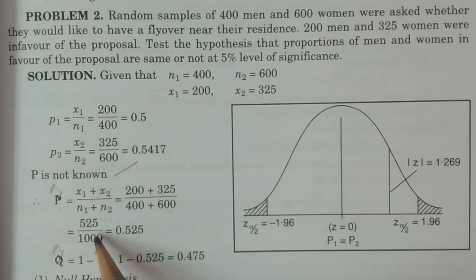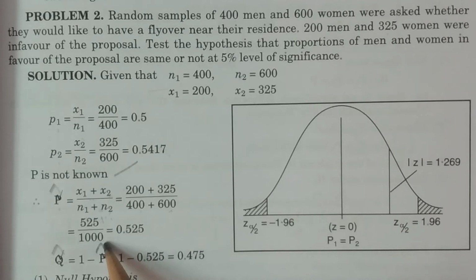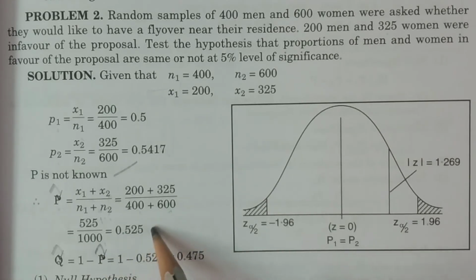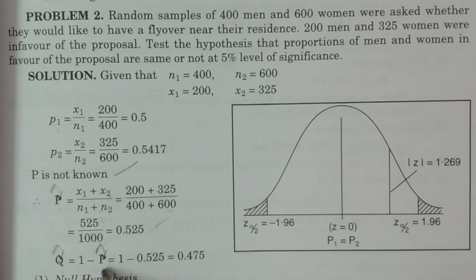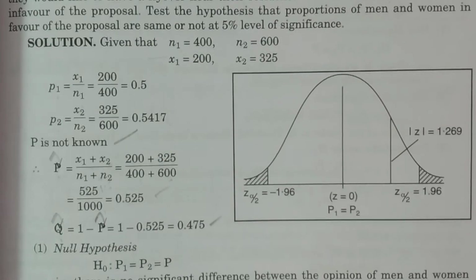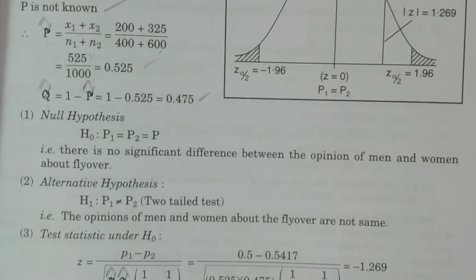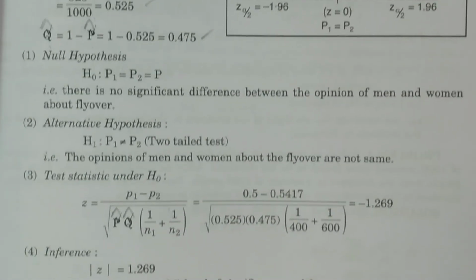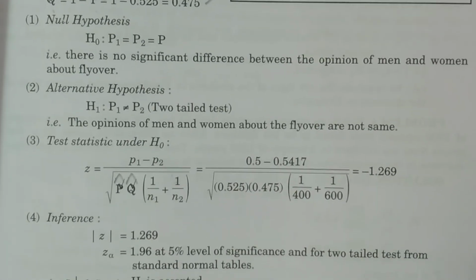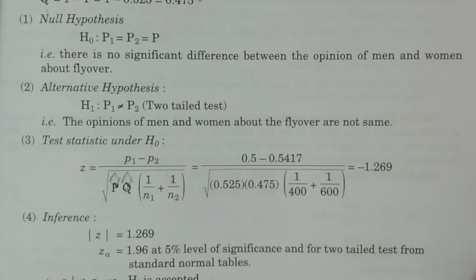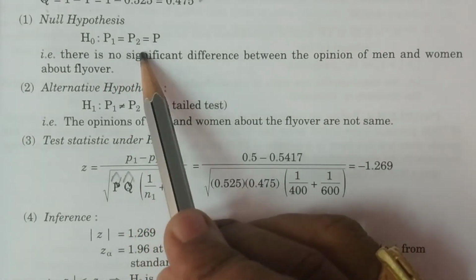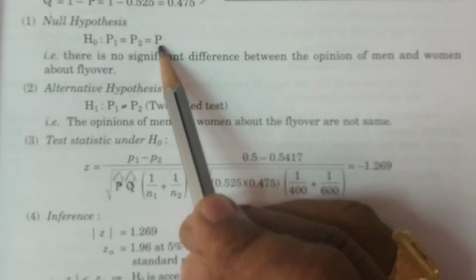So this is 525 by 1000, which is equal to 0.525. Therefore, Q cron is equal to 1 minus P cron, which is 0.475. Now, you have to consider all the 4 points as usual. Null hypothesis, H naught: capital P1 is equal to capital P2 is equal to capital P.